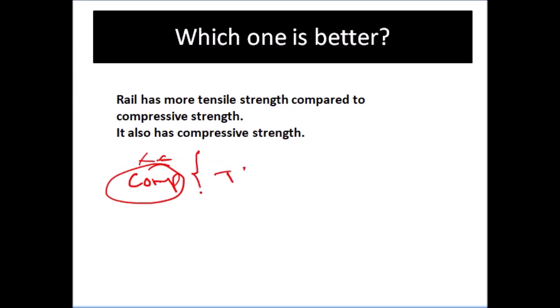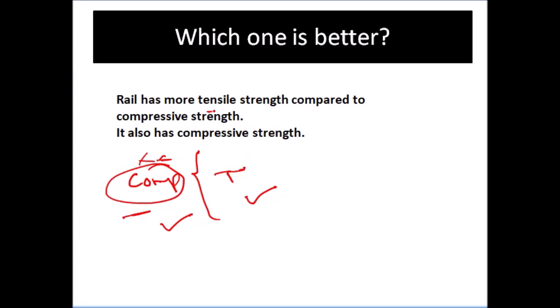Now the question is, which one will you give more importance? Which one will you allow more in the track, and which one less? Obviously we will allow more tensile stresses in the LWR track compared to compressive stresses. We will maintain as little compressive stress as possible in the track, and tensile stresses we will allow more.